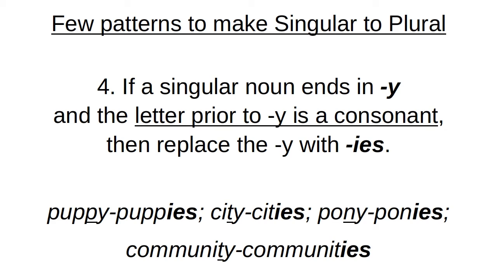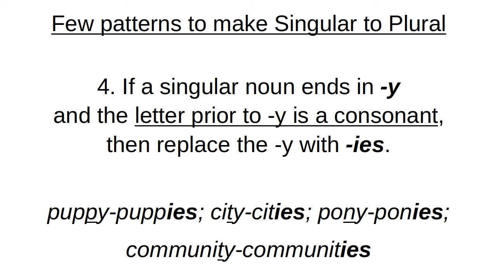Now there are singular nouns that end in Y. If the letter prior to the Y is a consonant, then we eliminate the Y and add IES. If it is a vowel, A, E, I, O, U, then we add just S. For example, puppy, P-U-P-P-Y.